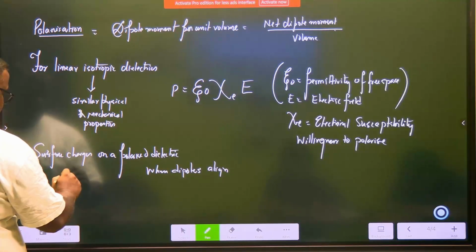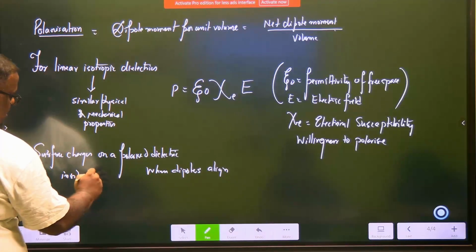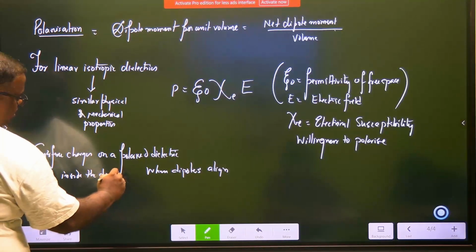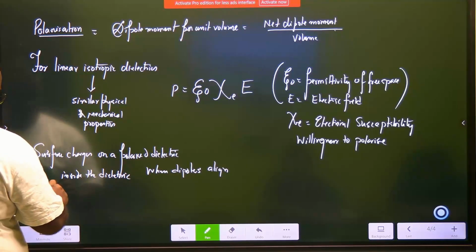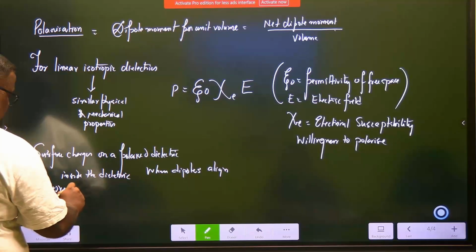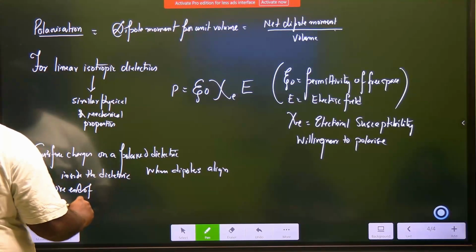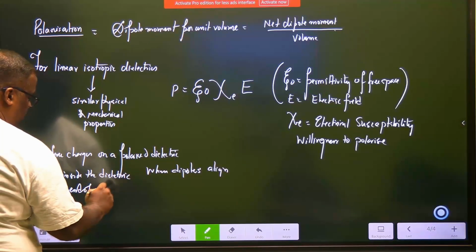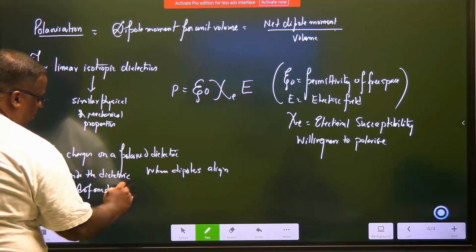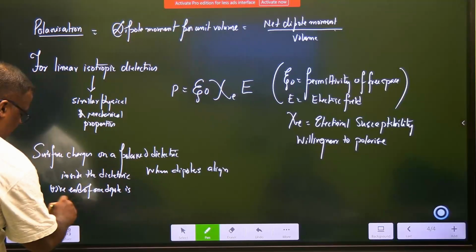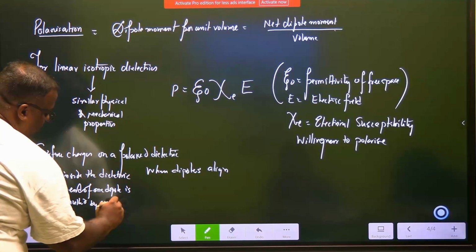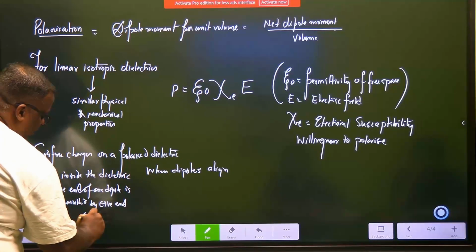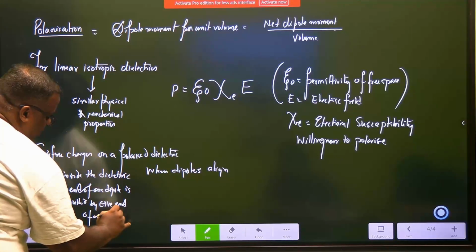Inside the dielectric, the positive end of one dipole is cancelled by the negative end of another dipole.